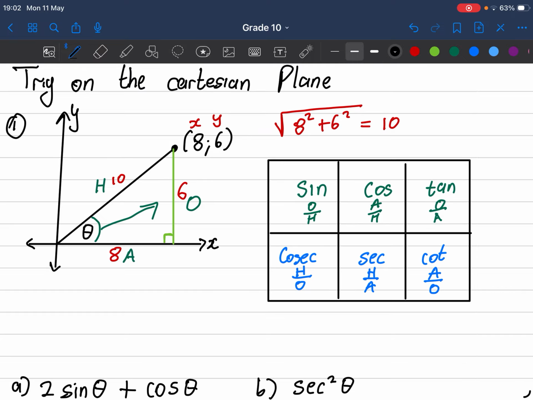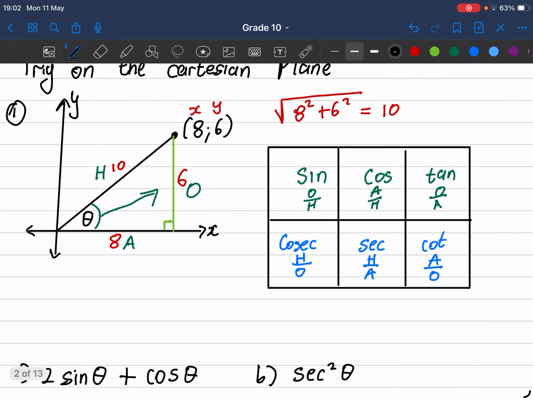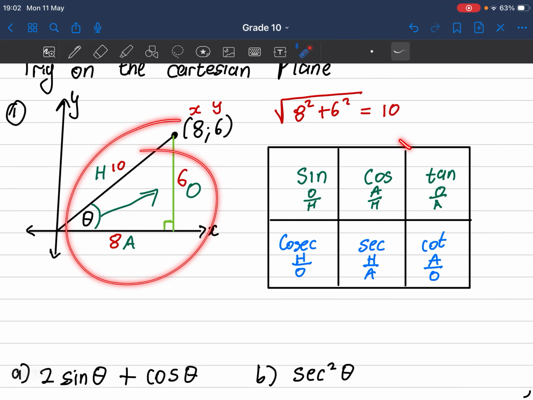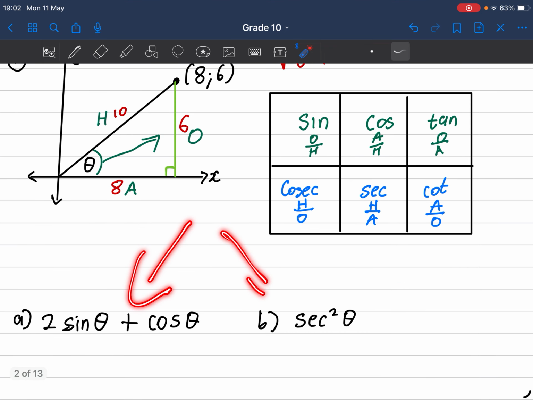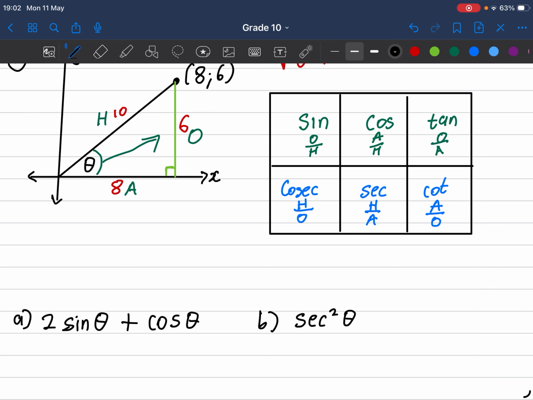Once we've completed our diagram, we use this idea to fill in these answers. The first one says 2 sine theta. So sine theta, we agreed, is opposite over hypotenuse.